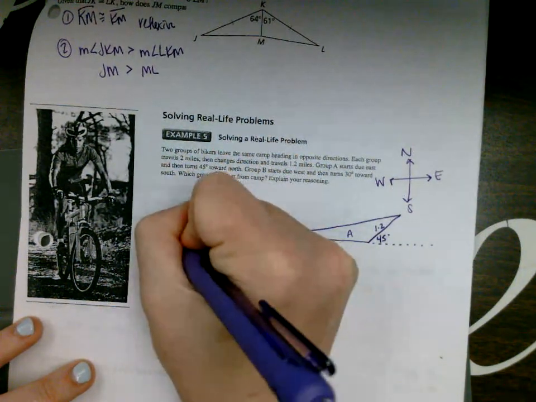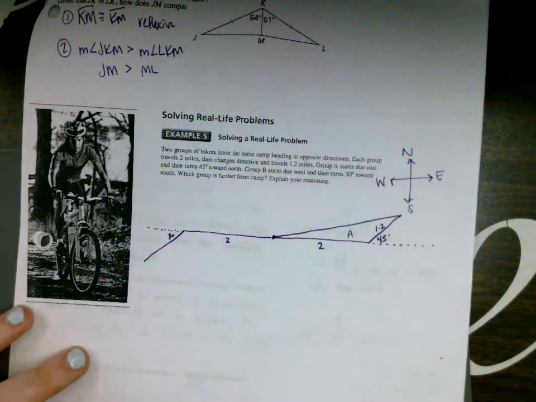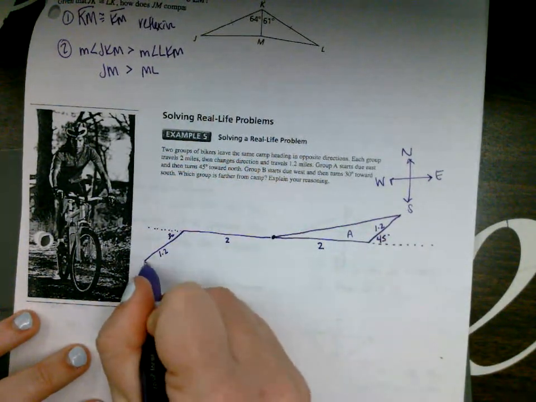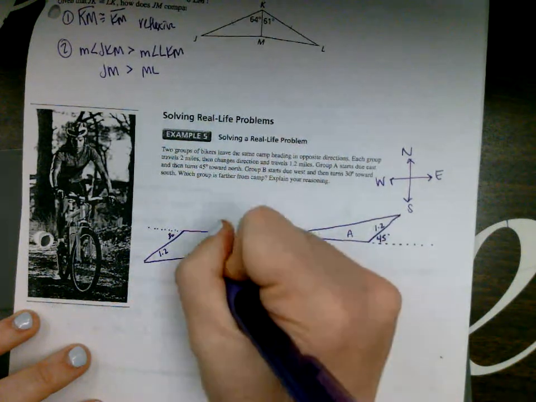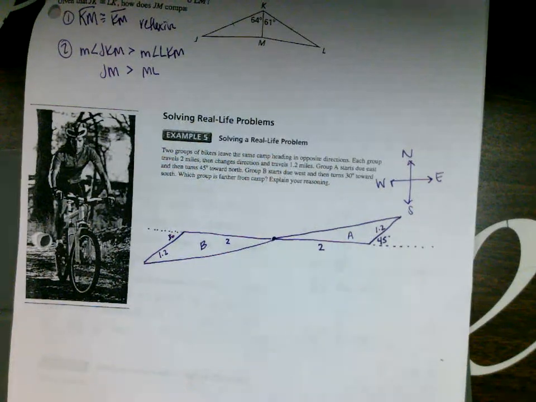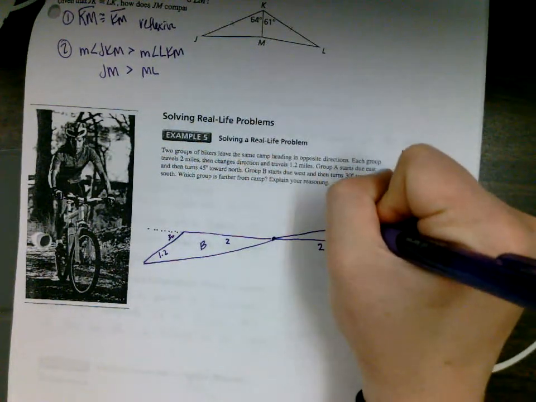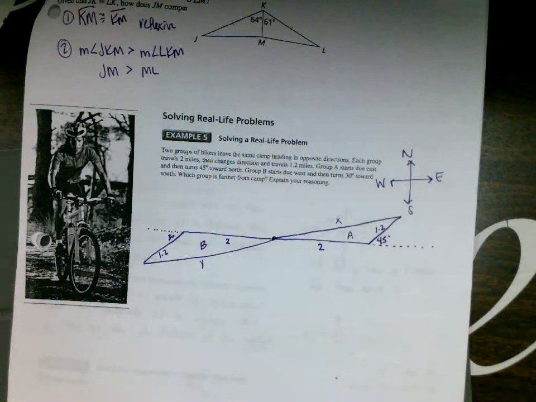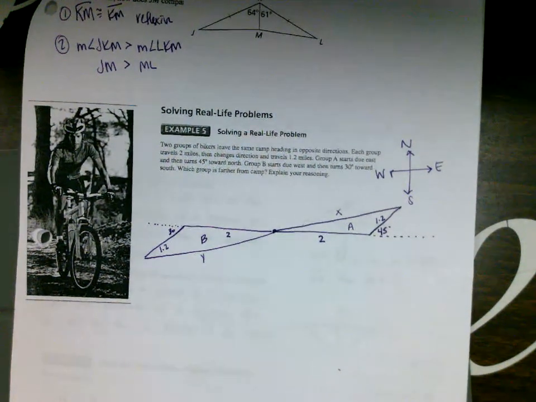So that would look like this, because this is the angle that's 30 degrees, and then they traveled 1.2 miles there. Okay, so we are trying to figure out who is closer to camp, A or B. So honestly, I'm wanting to know, we'll call this one X and this one Y. I want to know which one is smaller, using what we've done today.